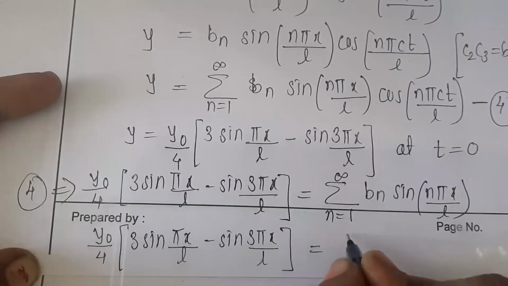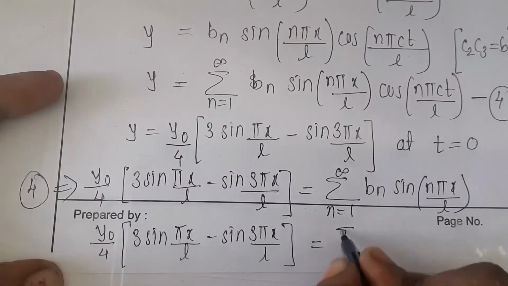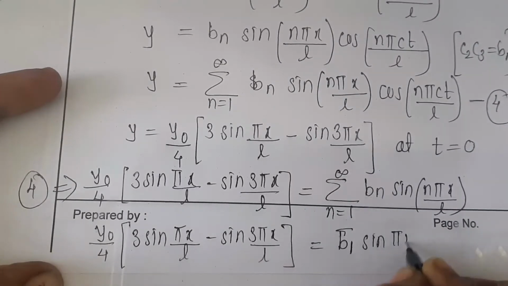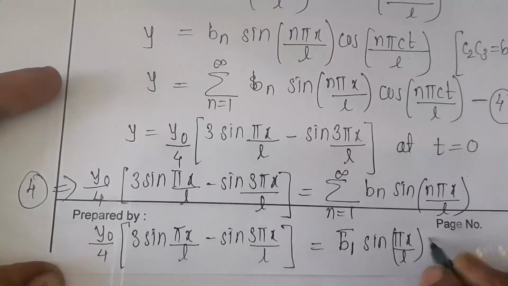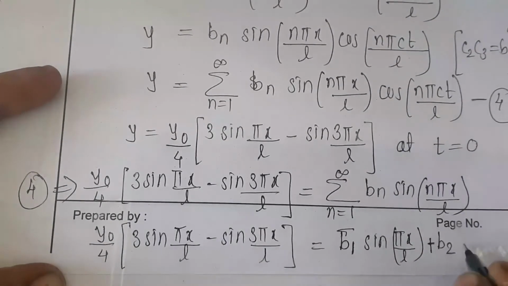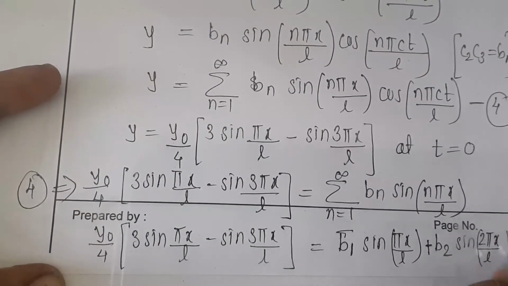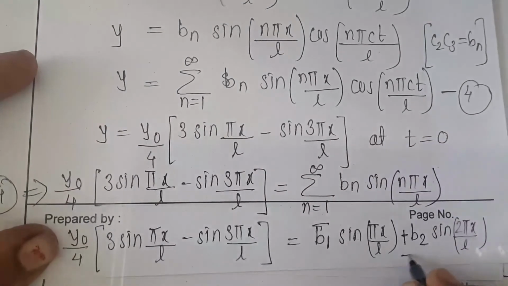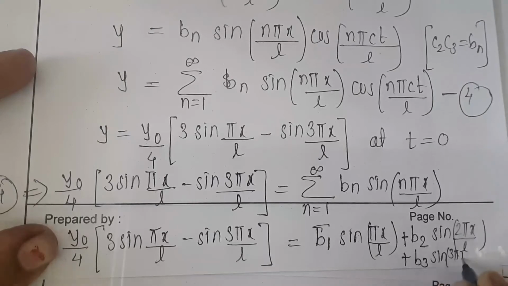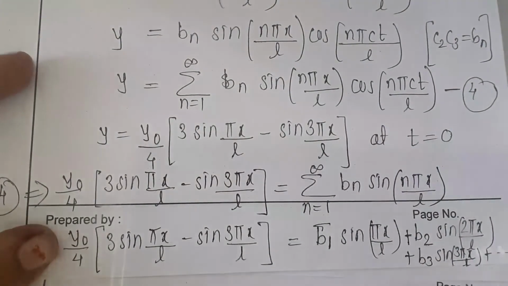is equal to the summation. Now put n is equal to 1, 2, 3 and so on. If we put n is equal to 1, it is B1 into sin of pi x by L. Then put n is equal to 2, plus B2 sin 2 pi x by L. Put n is equal to 3, it is B3 sin 3 pi x by L, and so on, B4, B5.